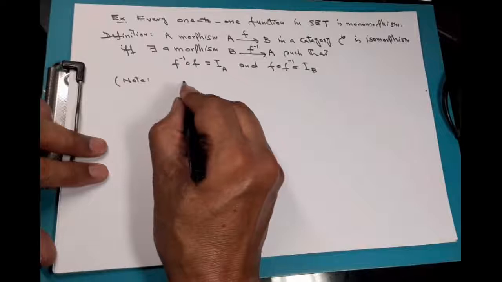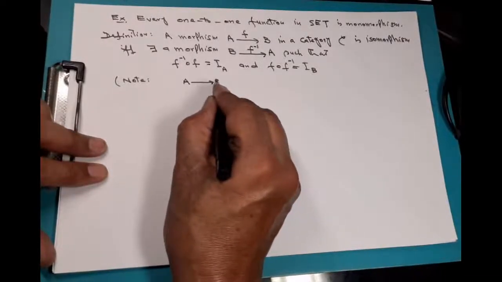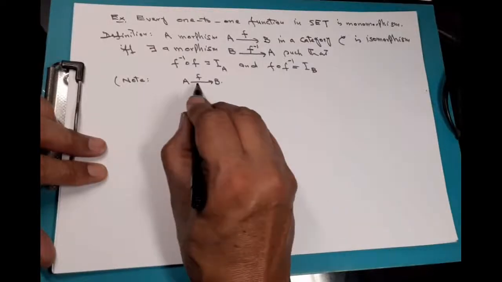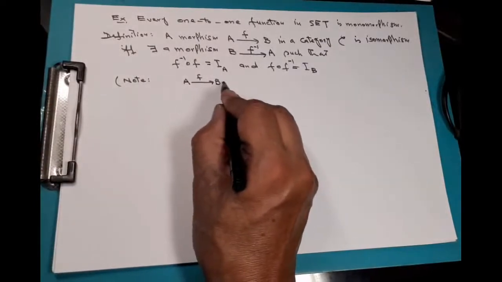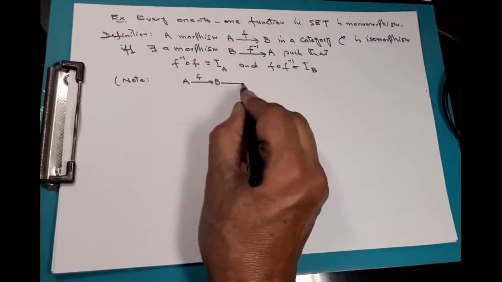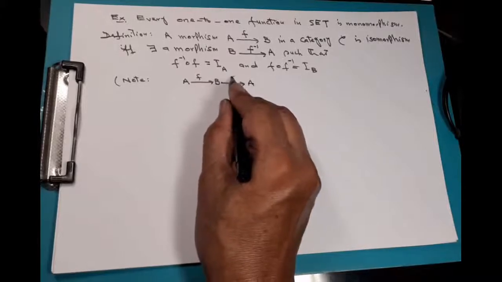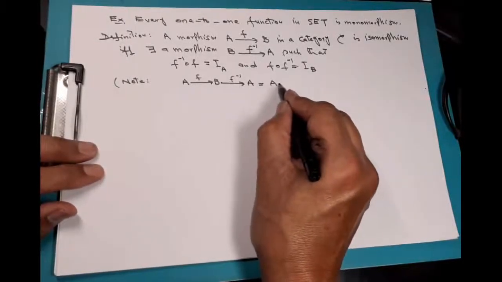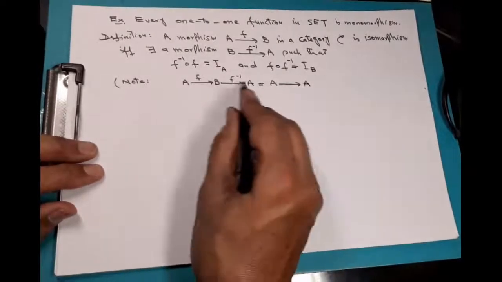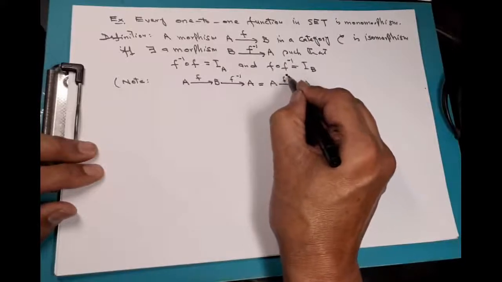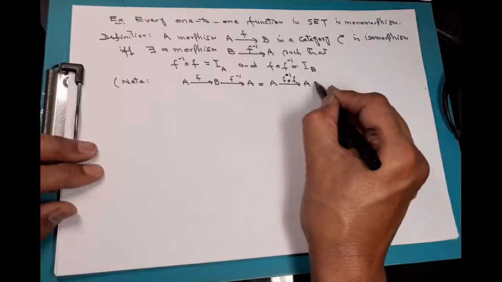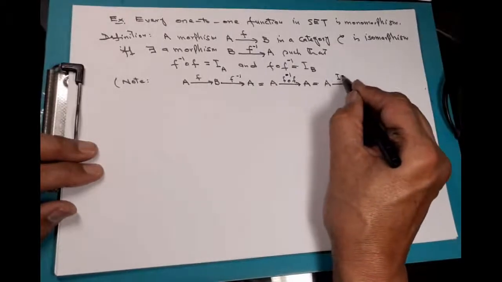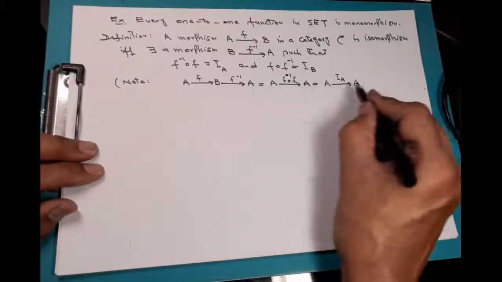Note that F is a morphism with domain A and codomain B. This is F. F inverse is a morphism with domain B and codomain A. So this is F inverse, and their composition will be from A to A. This is F inverse composed with F, and the requirement is that this should be equal to identity morphism on A.